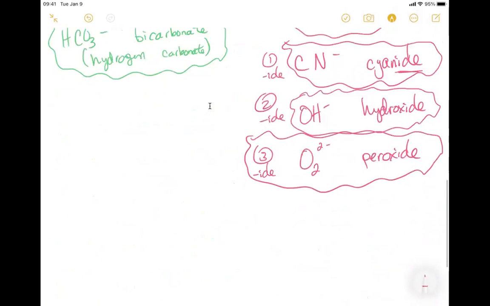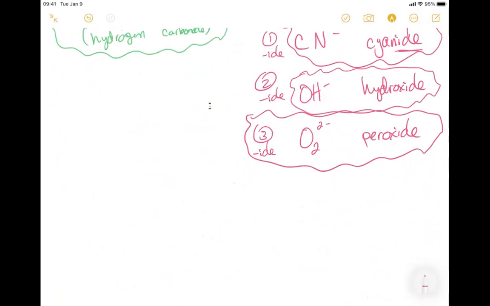So before, when we were doing binary ionic compounds and the stock system, if you had a formula like FeO or Na2O, the O always represented oxide. But now we've added a second oxygen atom, so it's peroxide, like even more oxygen. Those are the three that end with IDE, even though they don't come from the periodic table.